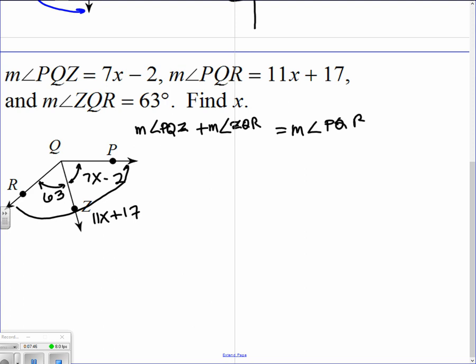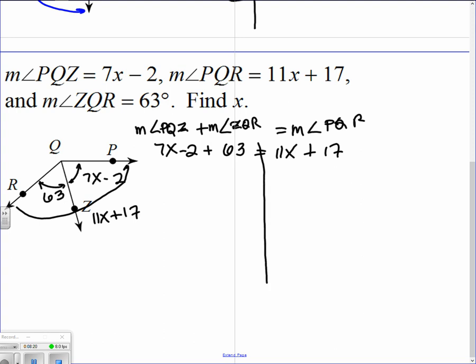Now plugging in the values, the measurement of PQC is this angle, so that is 7x minus 2. The measurement of angle CQR is 63. And that's equal to the measurement of the angle PQR. PQR is 11x plus 17.